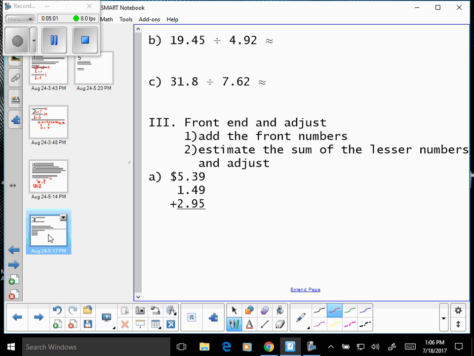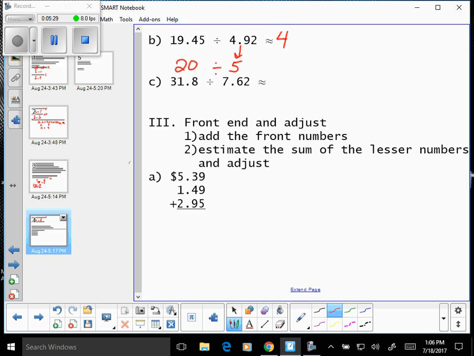Again, you're very welcome to hit pause at this point. I would advise you to do so and try B and C. Again, remember we start with the divisor. Now I need to think of a multiple of 5 that's very close to 19.45, and I hope 20 just absolutely popped into your head. And 20 divided by 5 is going to be 4.